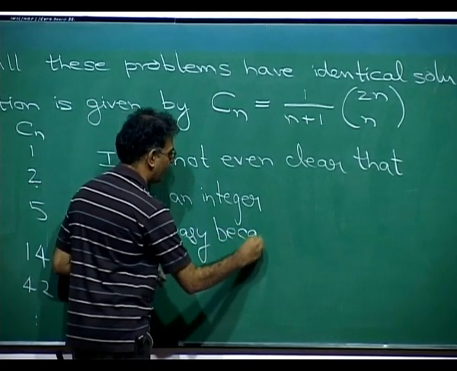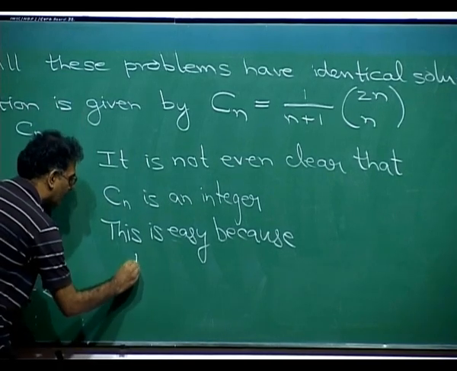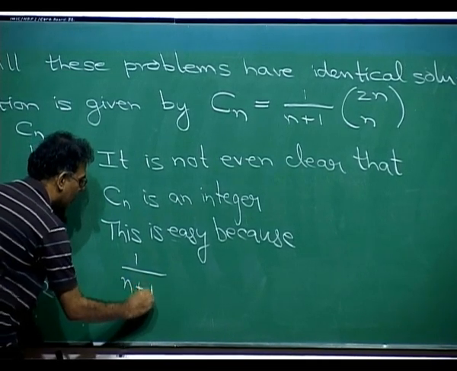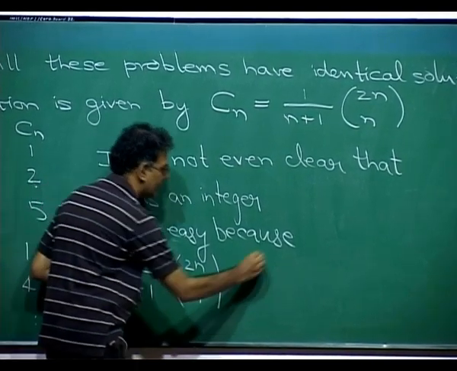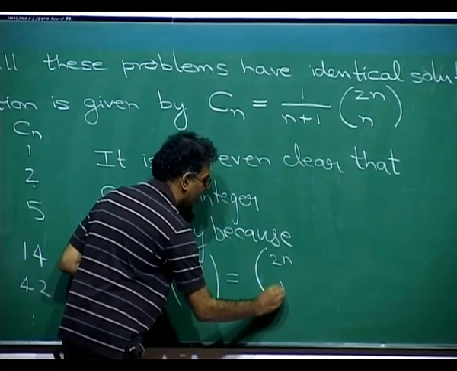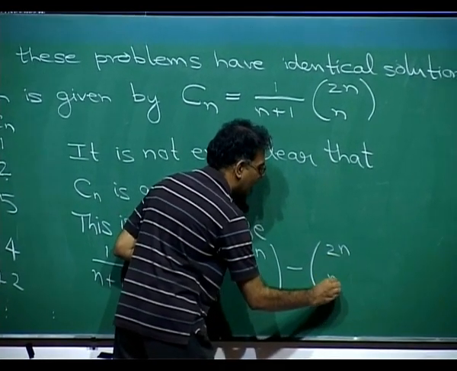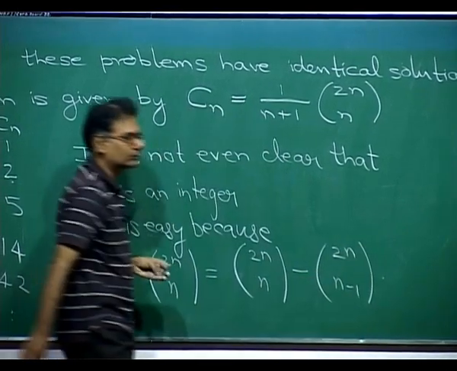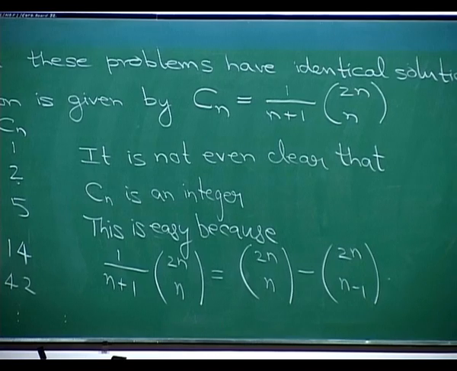Because we can rewrite 1 over n plus 1 times 2n choose n as the difference of two binomial coefficients: 2n choose n minus 2n choose n minus 1. And why is this? This is easy to prove.